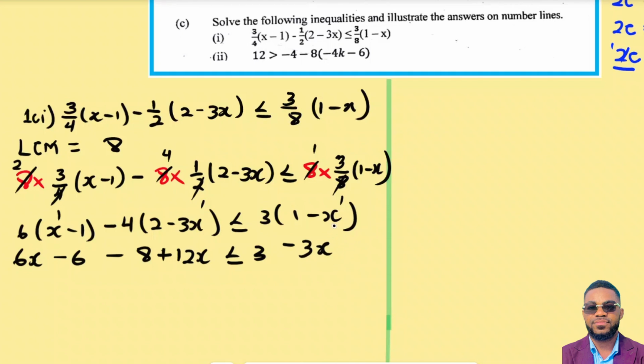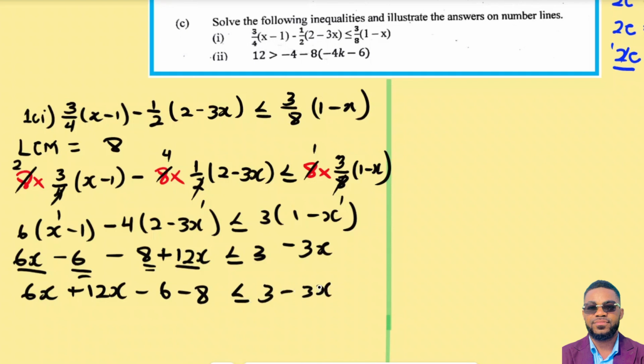So that is it. At this point, we can group like terms. 6x and 12x, they are like terms. So you have 6x plus 12x, and these two are also like terms. So we have negative 6 minus 8 less than or equal to 3 minus 3x. So let's simplify what we have. 6x plus 12x is going to be 18x.